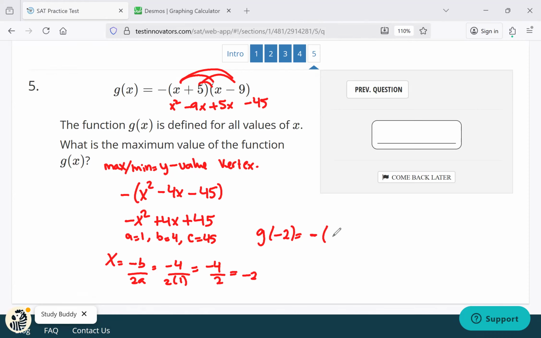It's going to be negative 2 plus 5, negative 2 minus 9. Negative 2 plus 5 is 3. Negative 2 minus 9 is negative 11. Did I do this right?